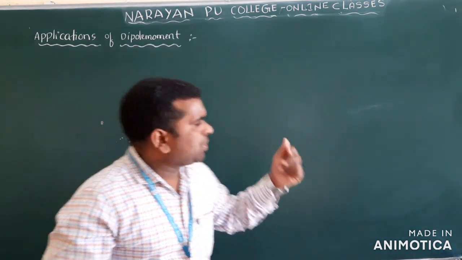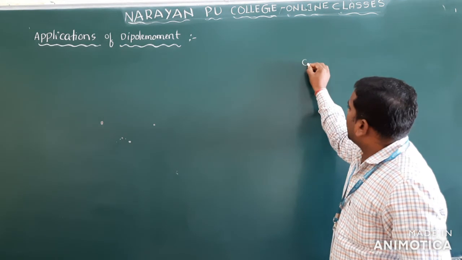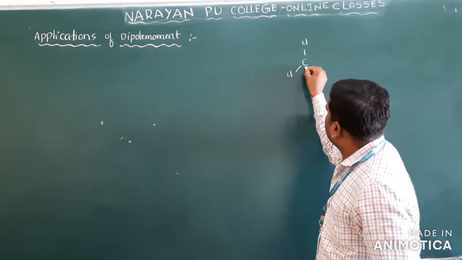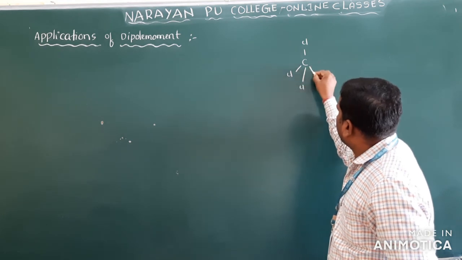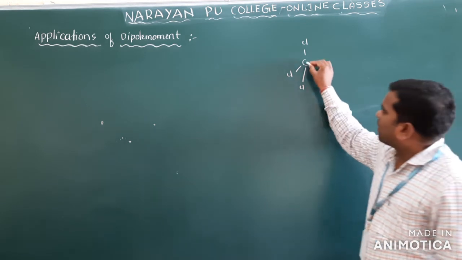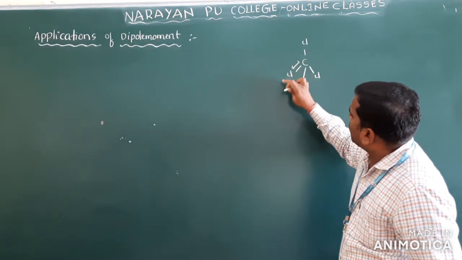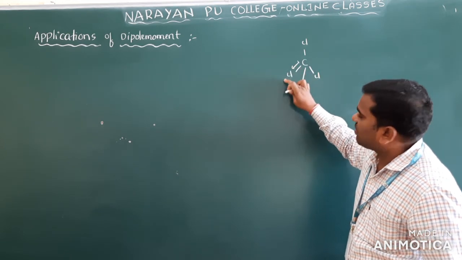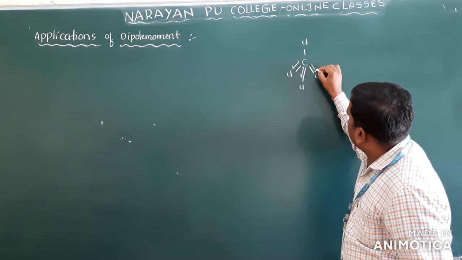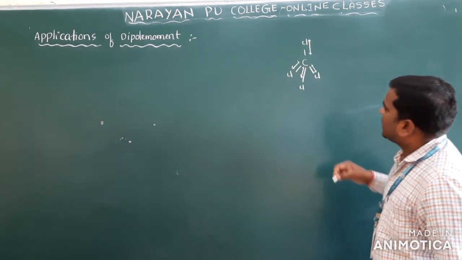Take a simple example, CCl4. Here there will be a chlorine, here a chlorine, and here a chlorine. Carbon and chlorine: chlorine is more electronegative, so the dipole moment direction is always from the less electronegative atom to the more electronegative one. Here also, this is the dipole moment direction, and this is the dipole moment direction.